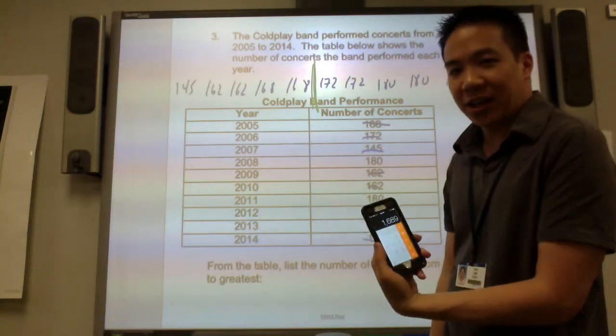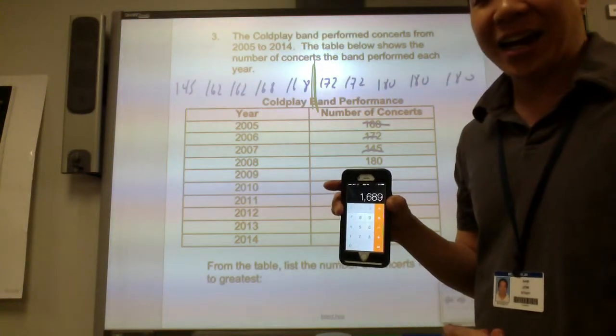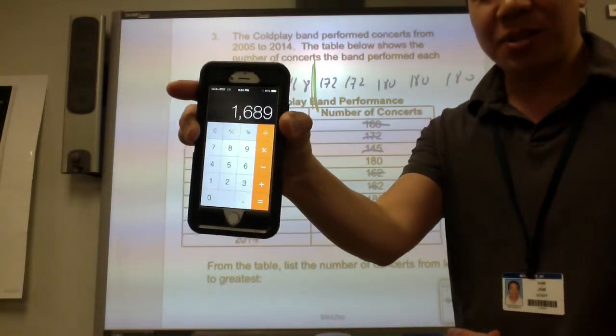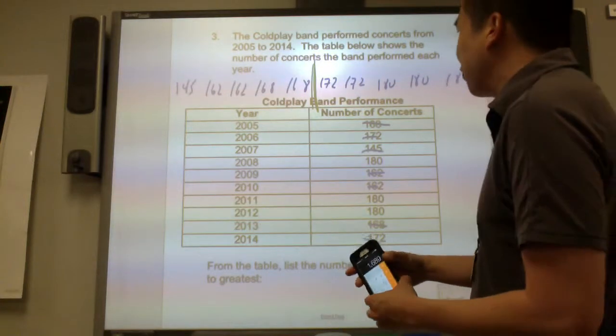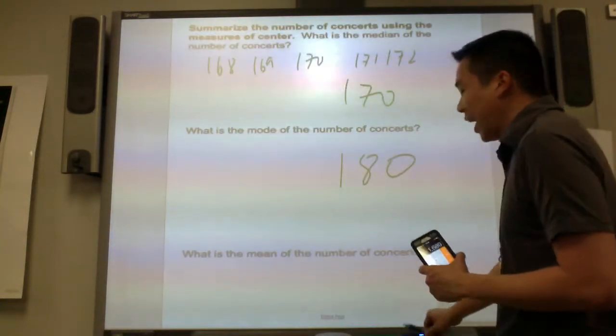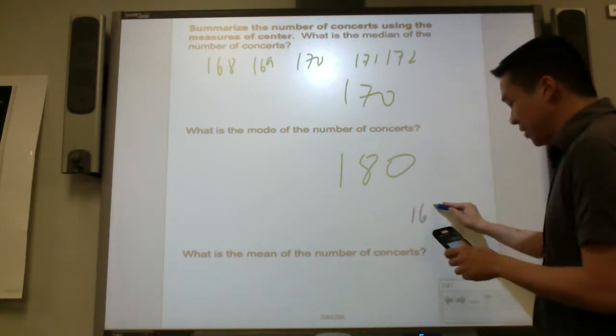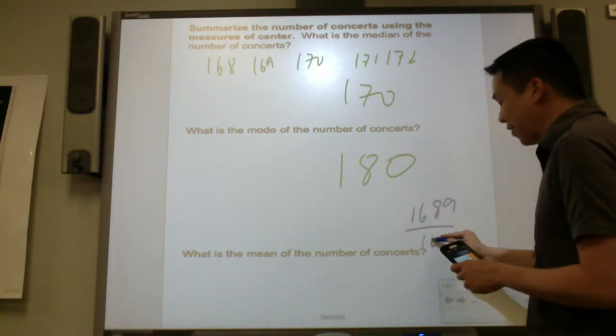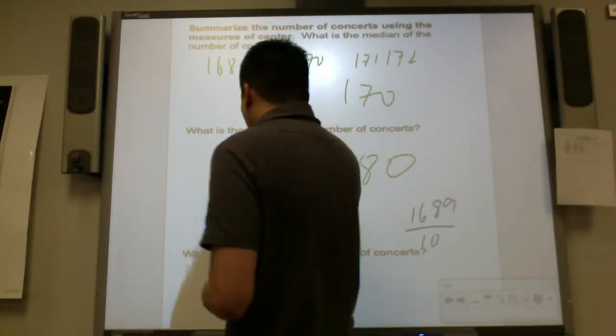So what am I doing with my calculator? In mean, I am adding up all of those numbers. So this is what I got. I'm dividing by how many numbers? It adds up to 1,689. I have to divide it into 10 parts.